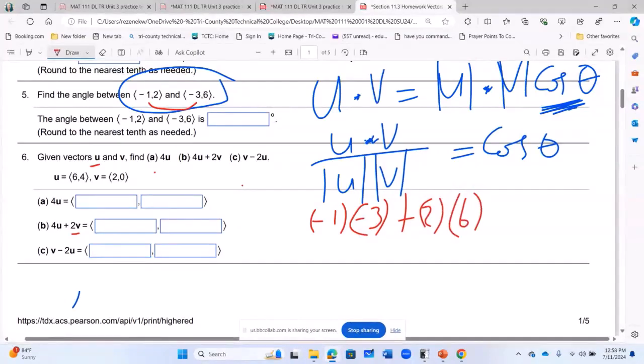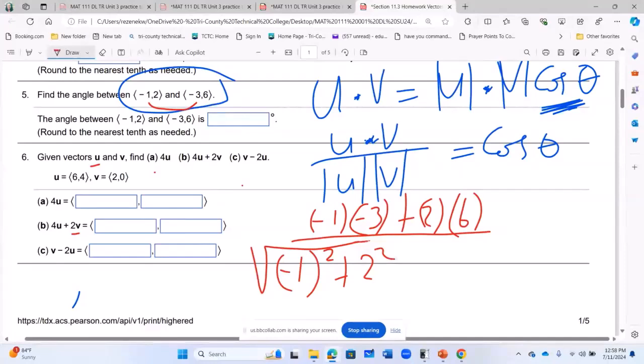So that is my numerator. And then, whenever I'm told to find the magnitude of a vector, it is just like find the x component squared plus y component squared right here. So this one is for u.